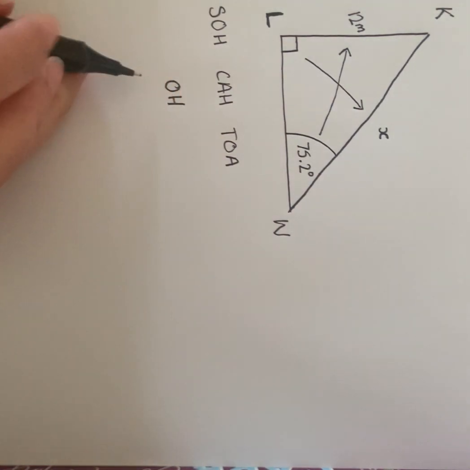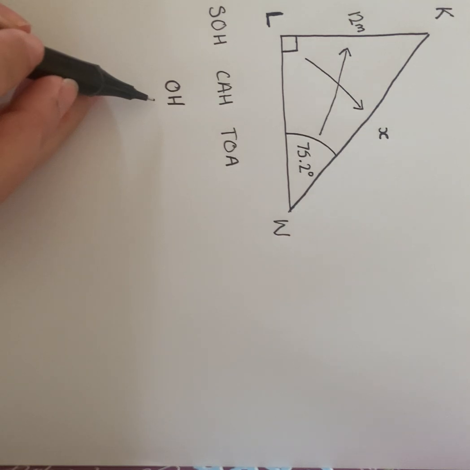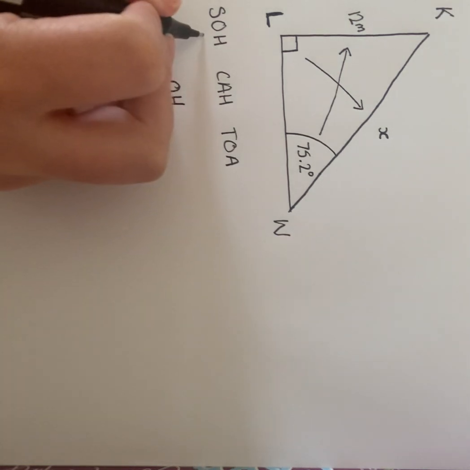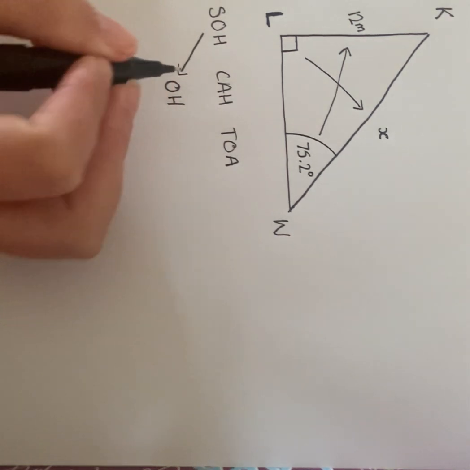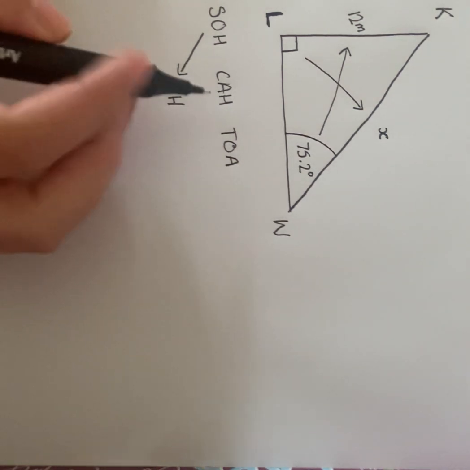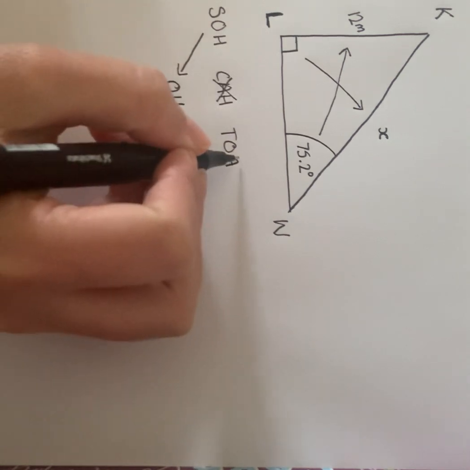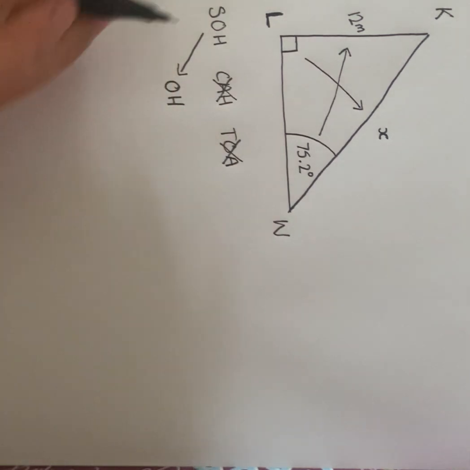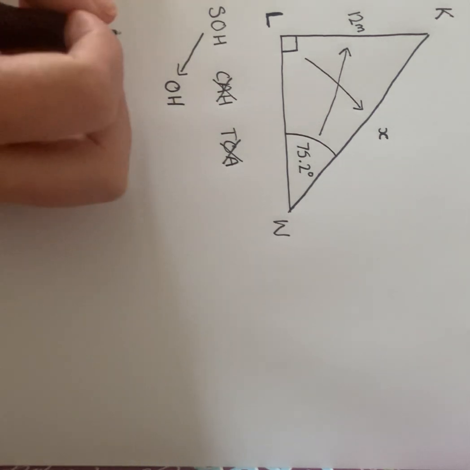So we're working with our opposite side and our hypotenuse, which means we can only really use this ratio here because we don't have the adjacent side, and both of these ratios need the adjacent side. So we're not using these. So that's the sine ratio.